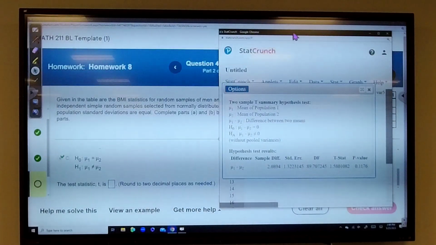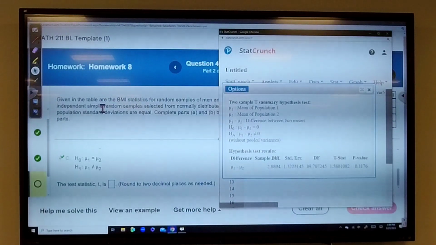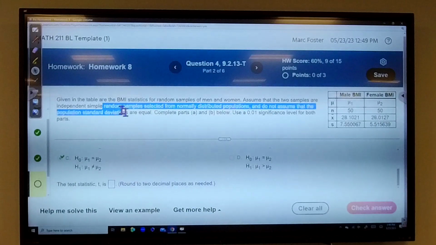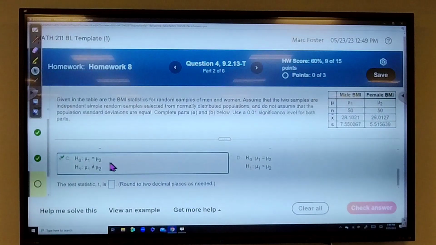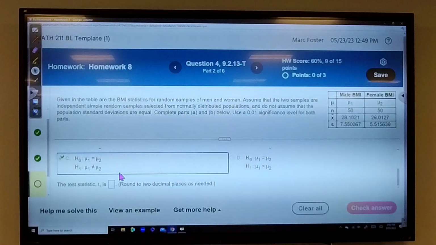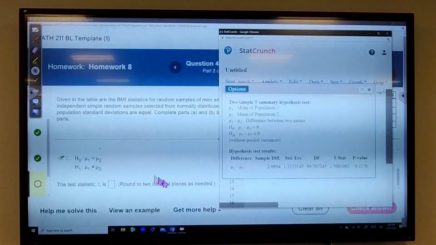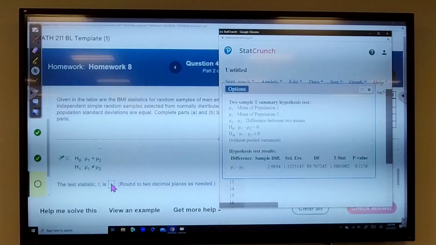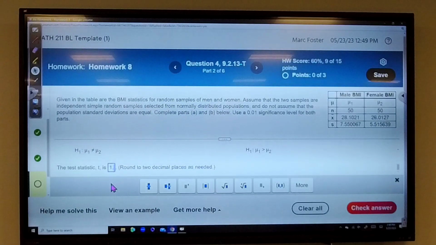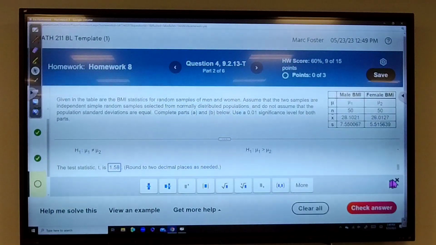That's a big p-value, that's 11%. 11% chance I'd be wrong if I reject, so I should fail to reject. Failing to reject says mu1 and mu2 are the same. So the evidence that was collected here is not strong enough to say that they have a different BMI.